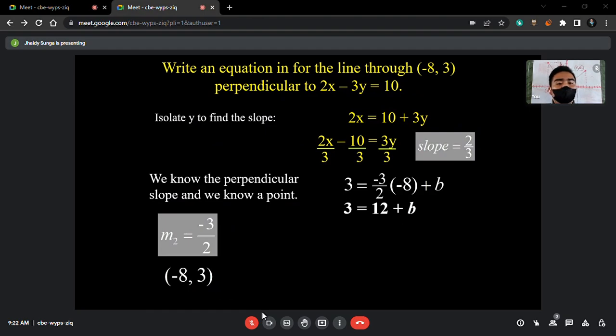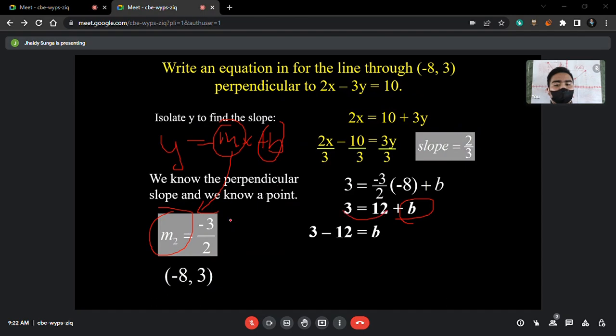Okay po? Now, we are going to find only the b, because we already have the m, isn't it? In finding the equation, the slope-intercept form is y is equal to mx plus b. Now we have the m, which is your perpendicular slope. We're going to find the b. So we are to transfer the 12 to the other side, so it becomes negative.